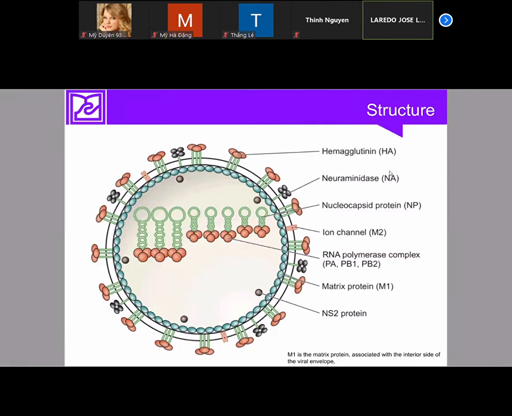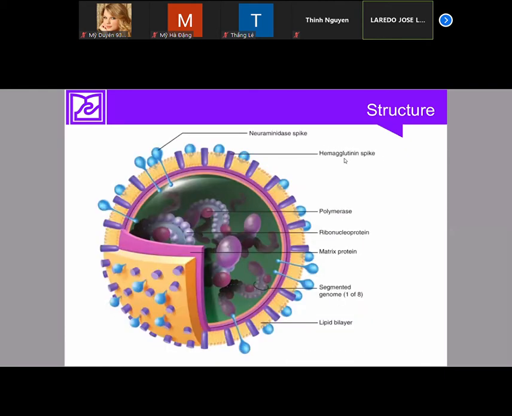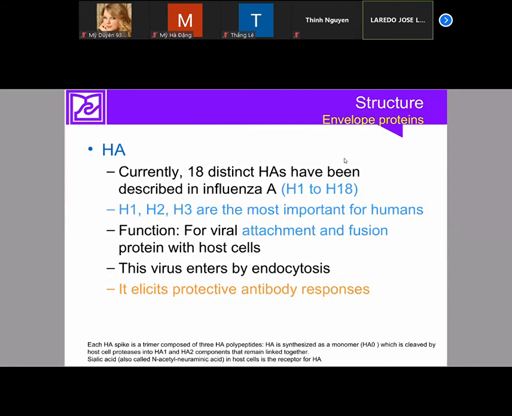Influenza A viruses contain different types of hemagglutinins and neuraminidase, and this is very important. So look, what about hemagglutinin? Currently, 18 different hemagglutinins have been described in influenza A. We call them with the H letter and a number.